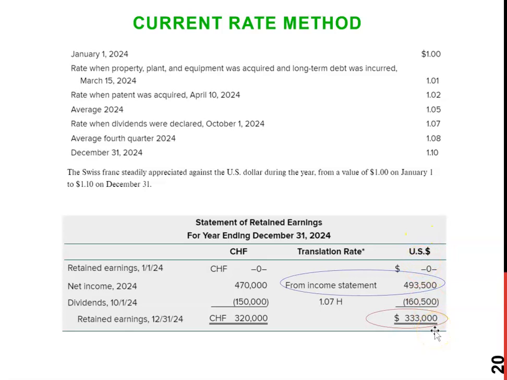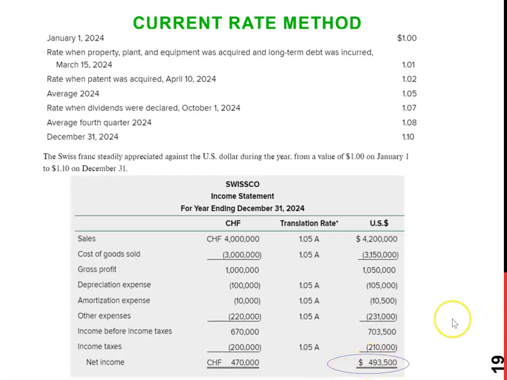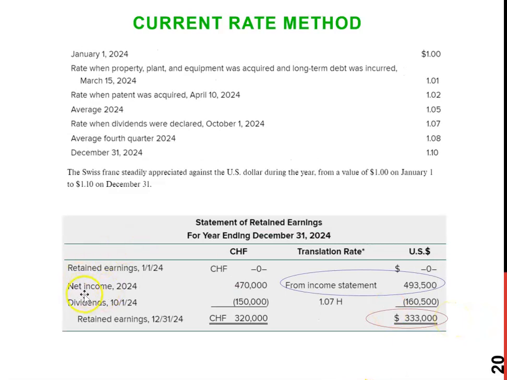From the converted income statement, we copied and pasted the dollar net income, 493,500.